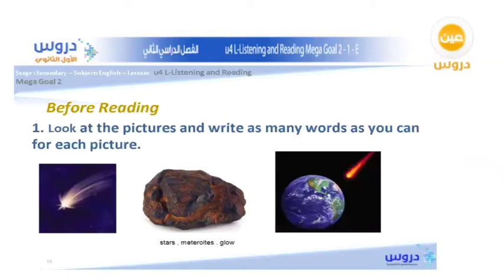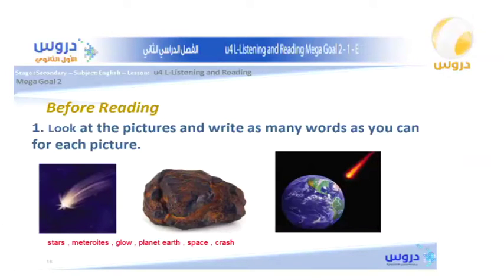We said this is how those meteorites land on Earth, by crashing. Okay, so of course those are some of the words that we can think of here. Stars, meteorites, glow, planet Earth, space, and crash. Okay, so those are some of the words that we can think of regarding those pictures.